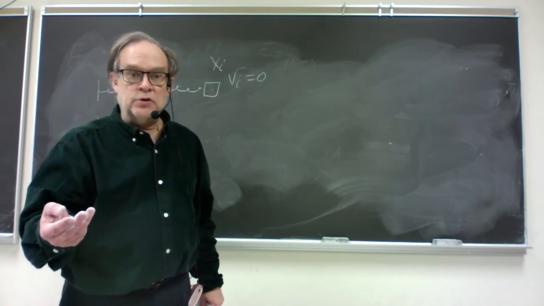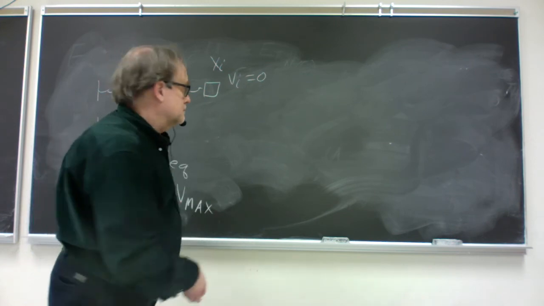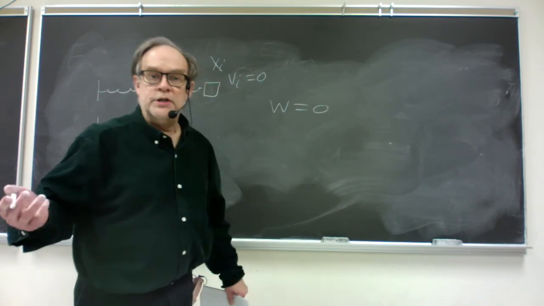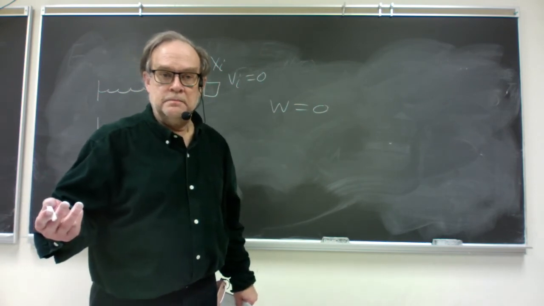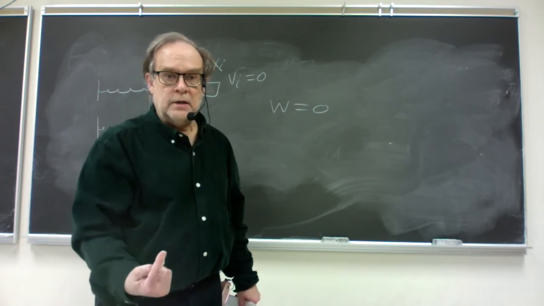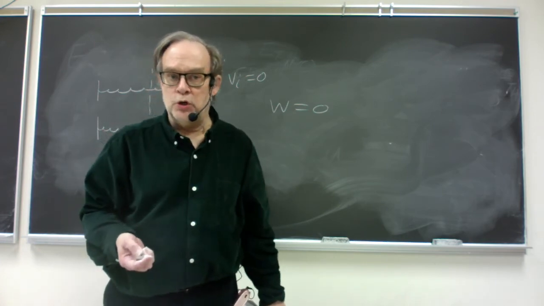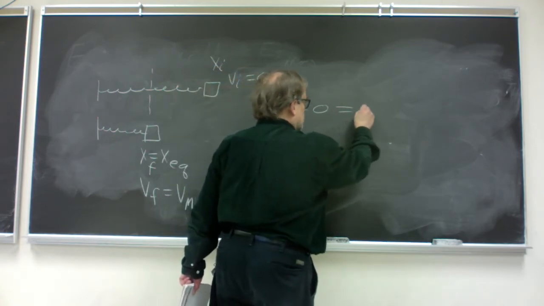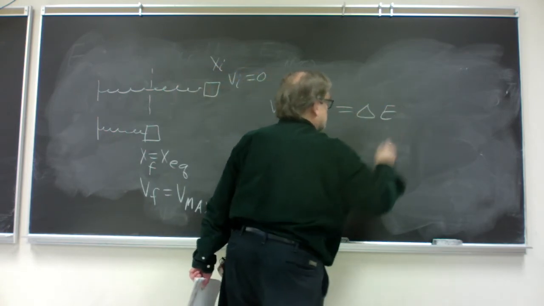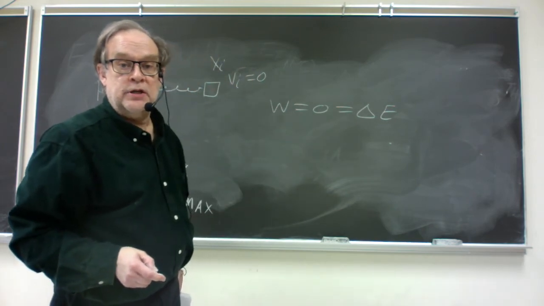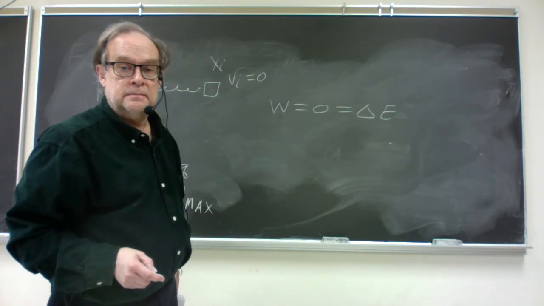So since that force is gone, there is no work done by external forces. The two external forces that remain, weight and normal force, both do zero work. So, since no work is done by external forces, the system's energy does not change. System's energy stays constant.